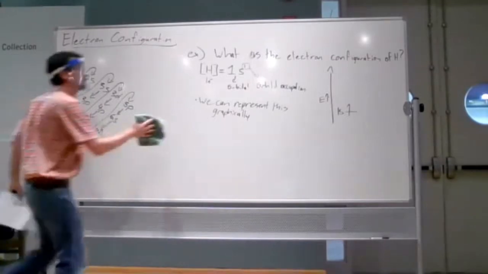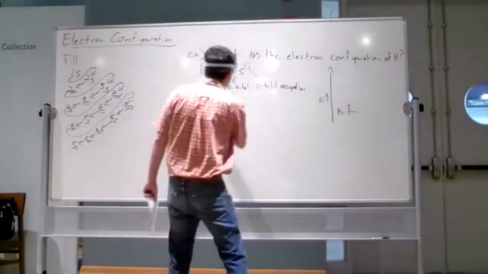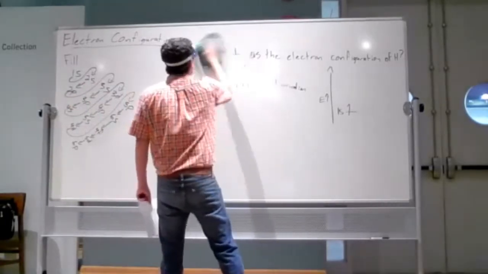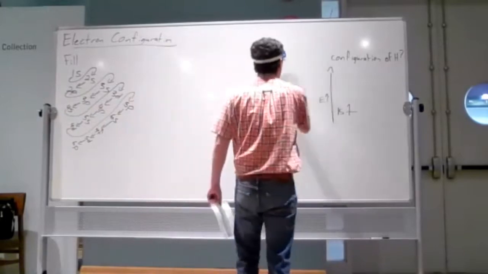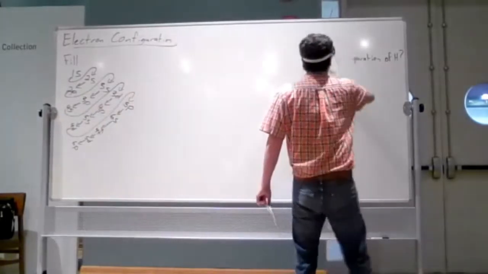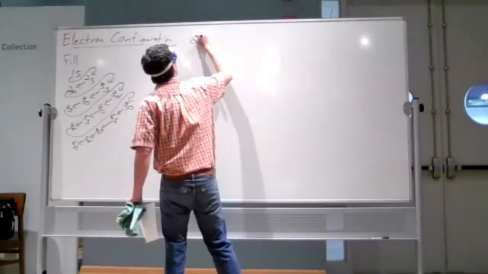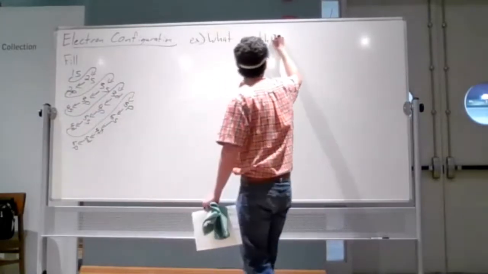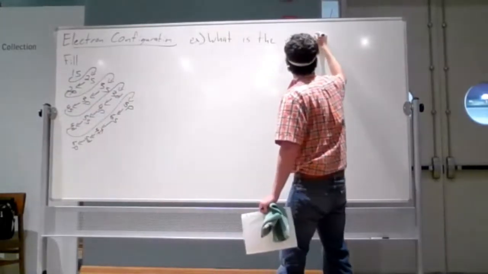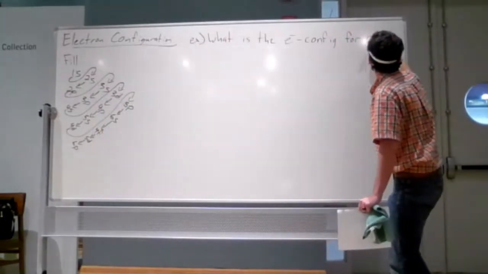So let's look at the electron configuration for carbon. Another example: what is the electron configuration for carbon?